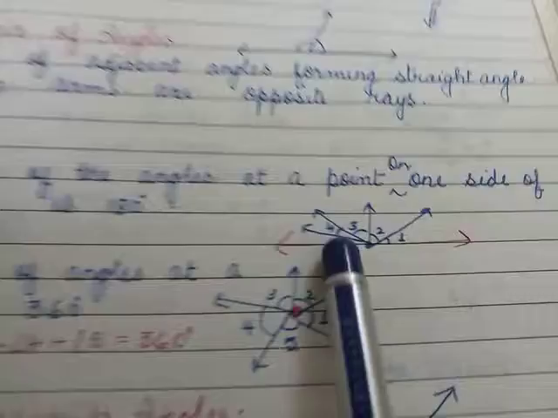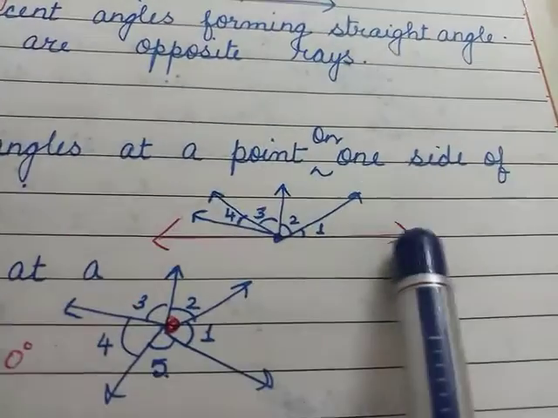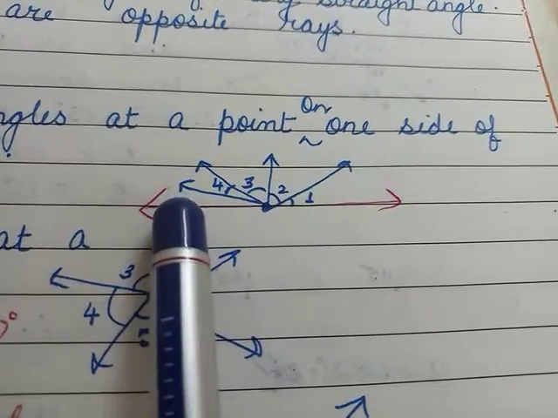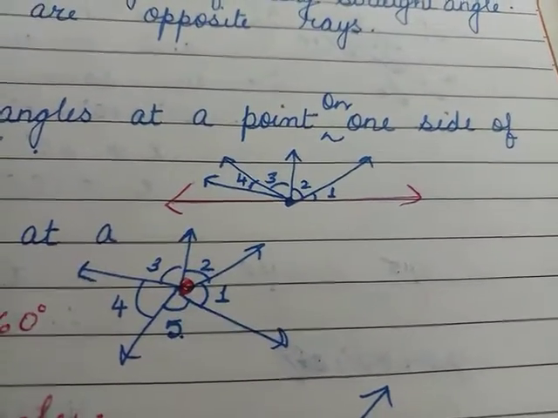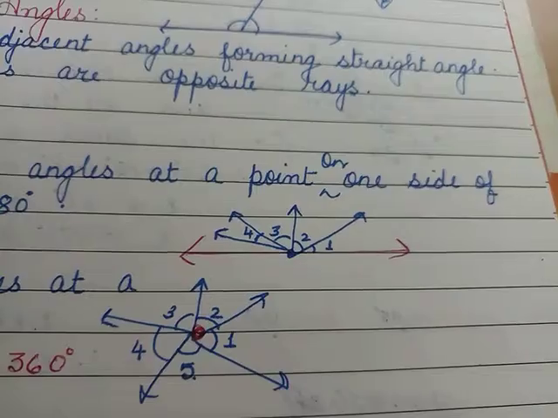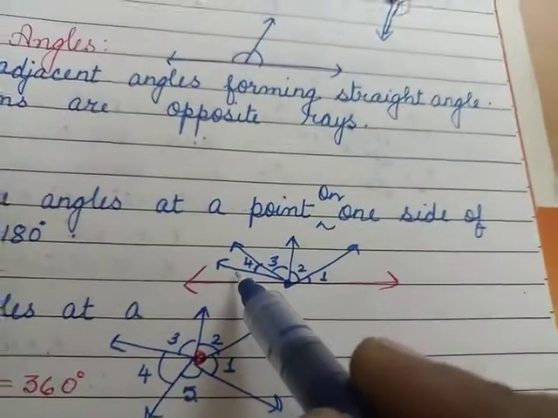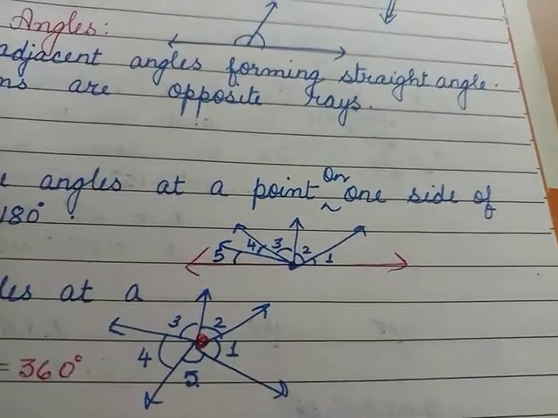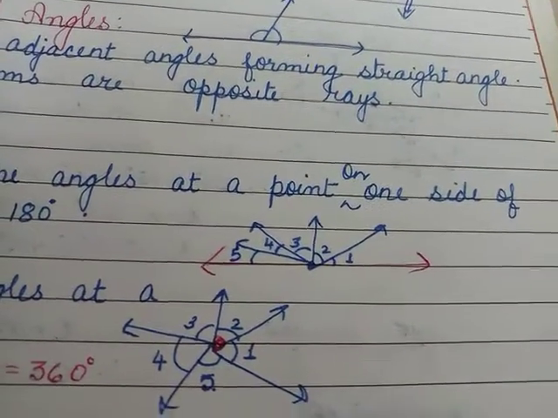We may have an infinite number of angles on one side of a line, but the sum of all those angles is going to be 180 degrees. So angle 1 plus angle 2 plus angle 3 plus angle 4 plus angle 5 is equal to 180 degrees.